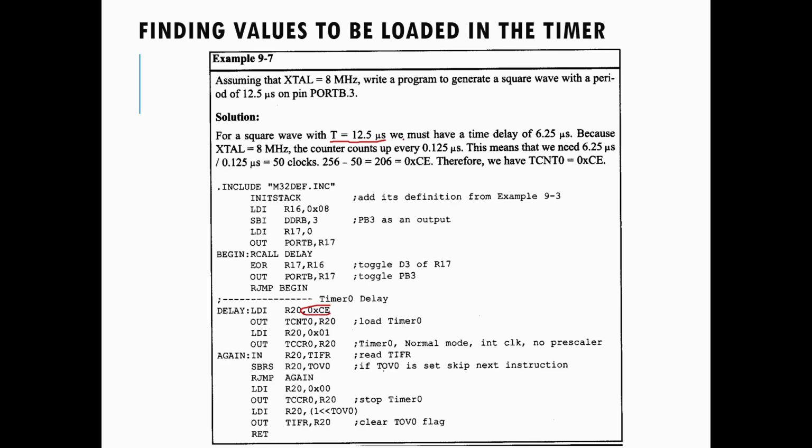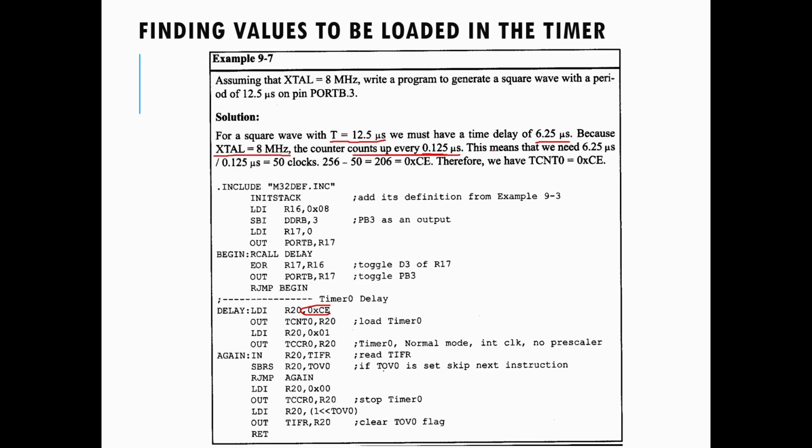We also have the delay of 6.25 microsecond. The crystal frequency is 8 megahertz, and we know that the count is every 0.125 microsecond. Every count has the length of 0.125 microsecond.